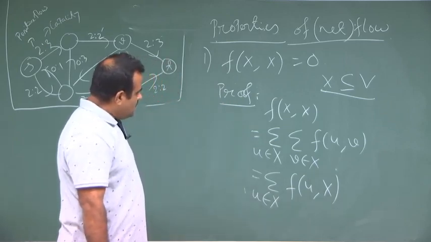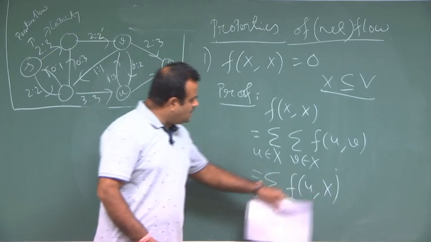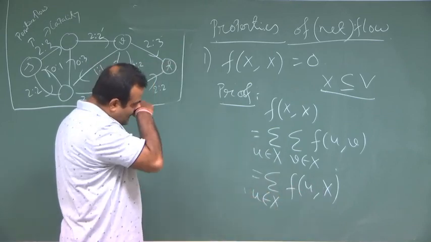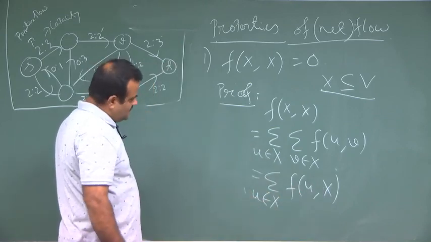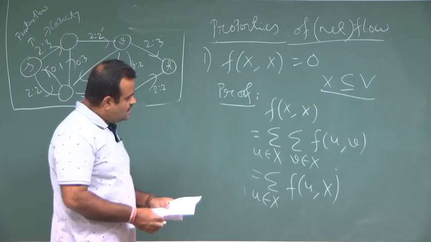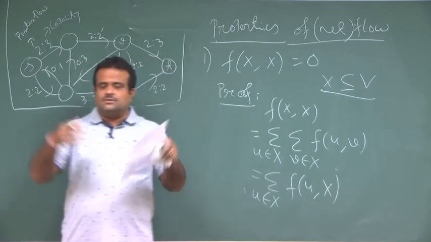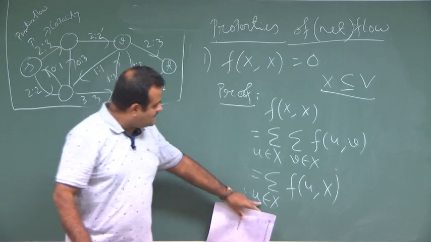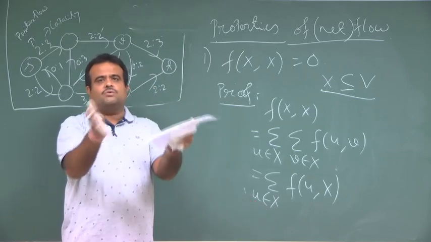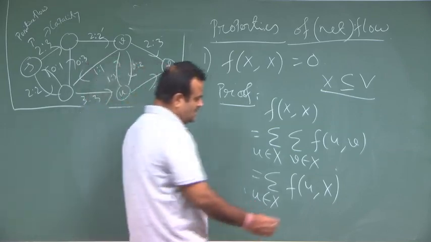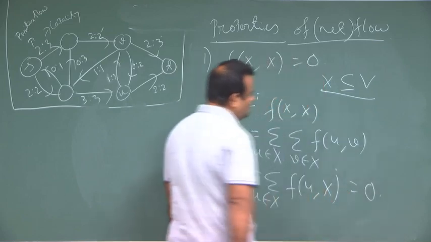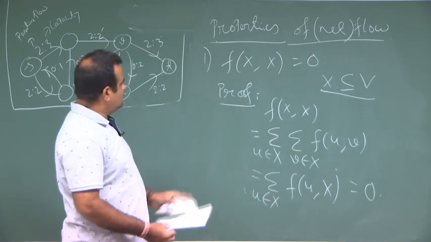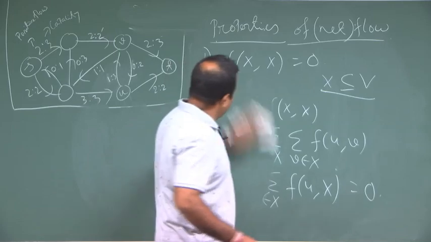This is all the flow from x to that vertex, which will be the same as all the flow outgoing from this vertex. So the net flow is basically 0. So this property is okay.